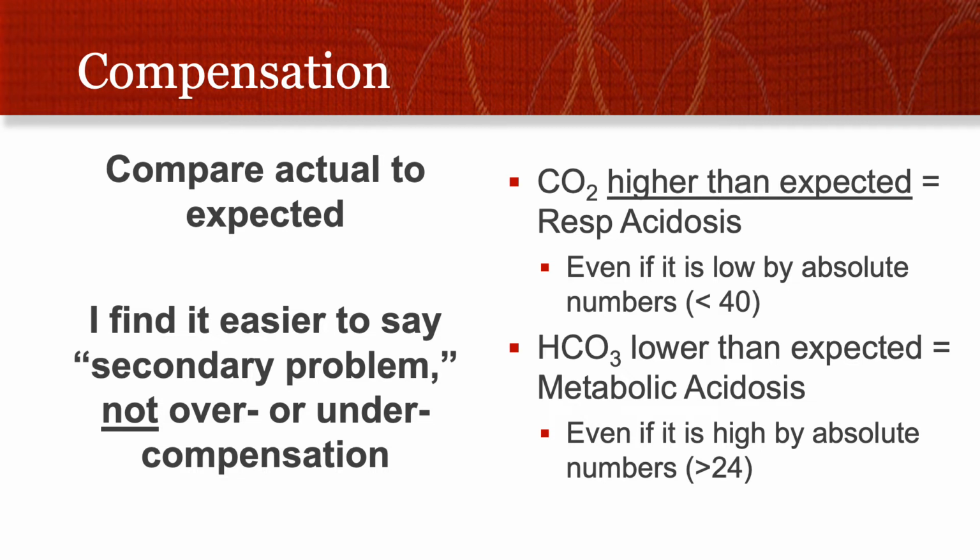So you can in fact have a secondary respiratory acidosis with a CO2 of 32 or 34, a low CO2. Similarly, if the bicarb is lower than it should be, you have a metabolic acidosis, even if the bicarb is higher than it should be. So really, you're always comparing actual values to what you expect them to be.